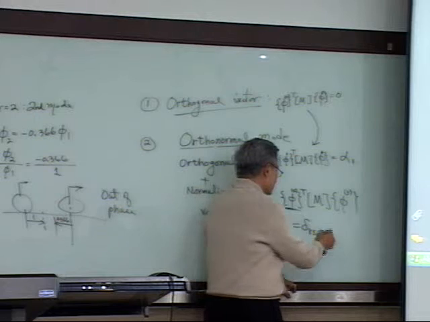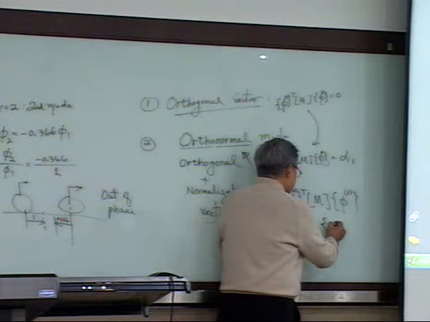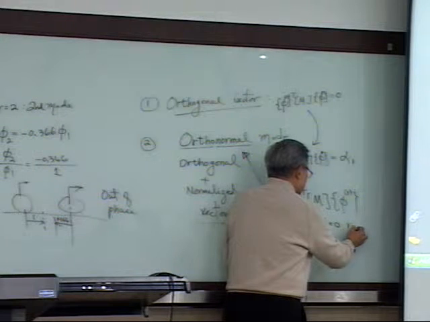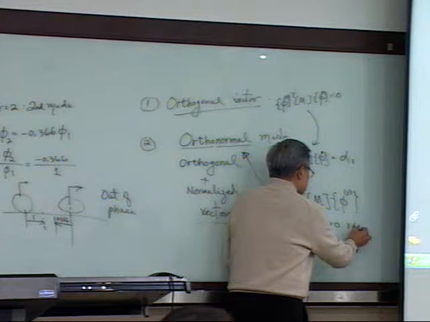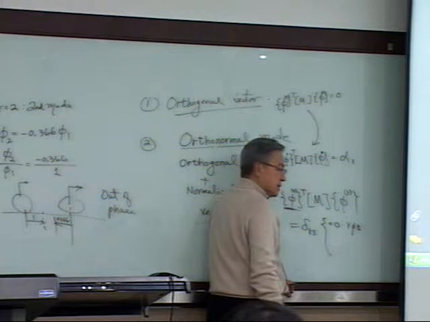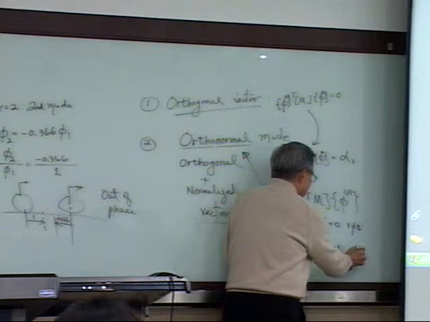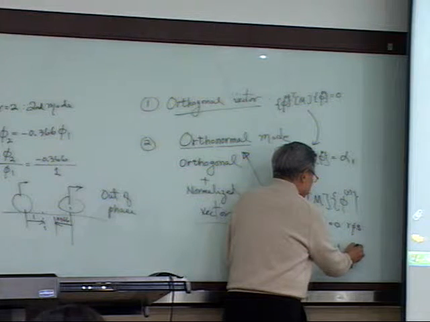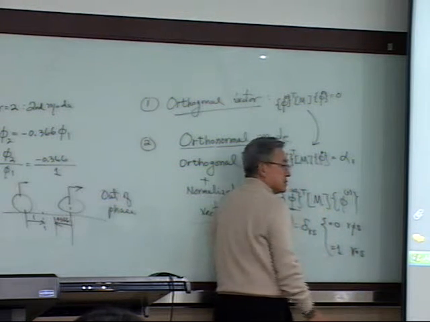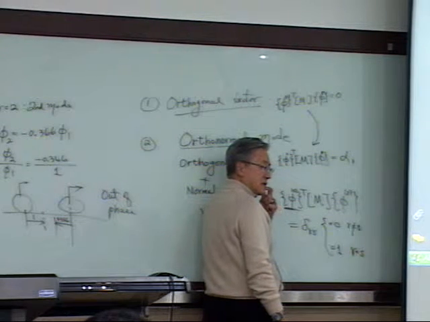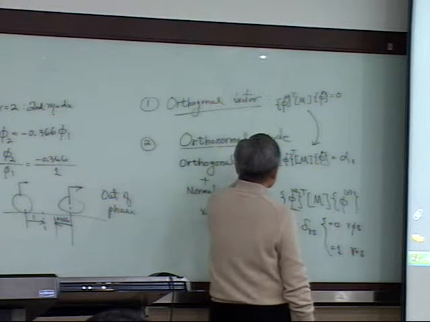You heard about the Kronecker delta? So this is equal to 0 if R is not equal to S. This is 1 if R is equal to S. Okay, so this is called orthonormal.